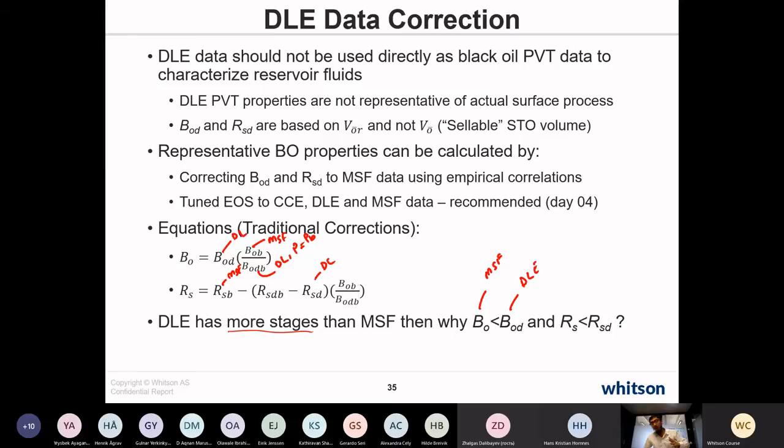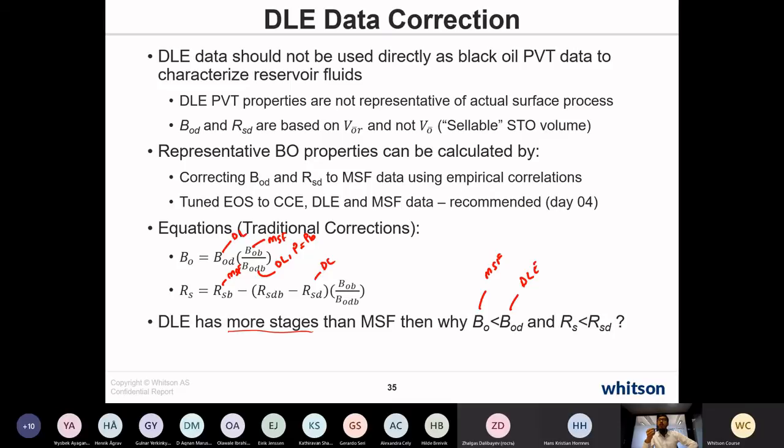I can briefly answer that question, and it's mainly because of the temperature, because in DLE you have higher temperature. Even though you have more stages, you keep the temperature high at reservoir temperature. And as Curtis was also mentioning before, if you have higher temperature, it means that you have high K values of all these intermediate components that can be part of both the gas phase and the liquid phase, for example, C4, C5, C6, C7 components.